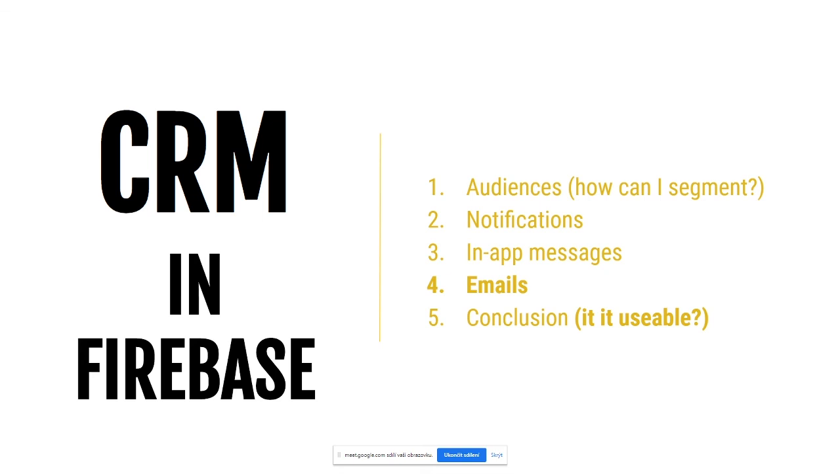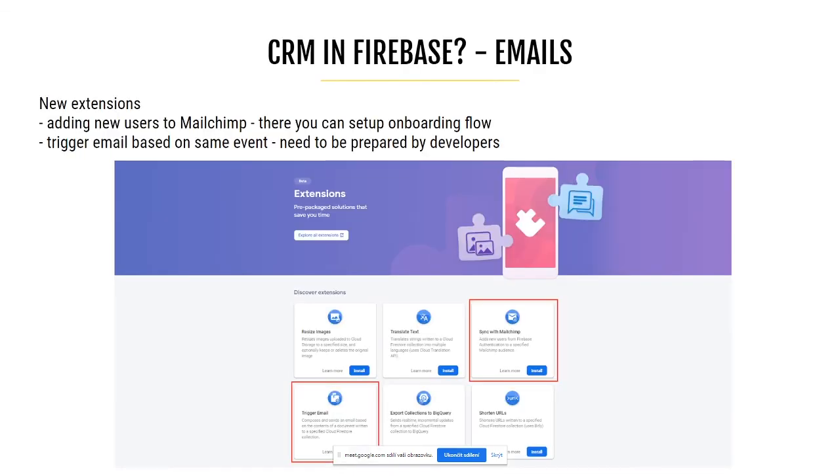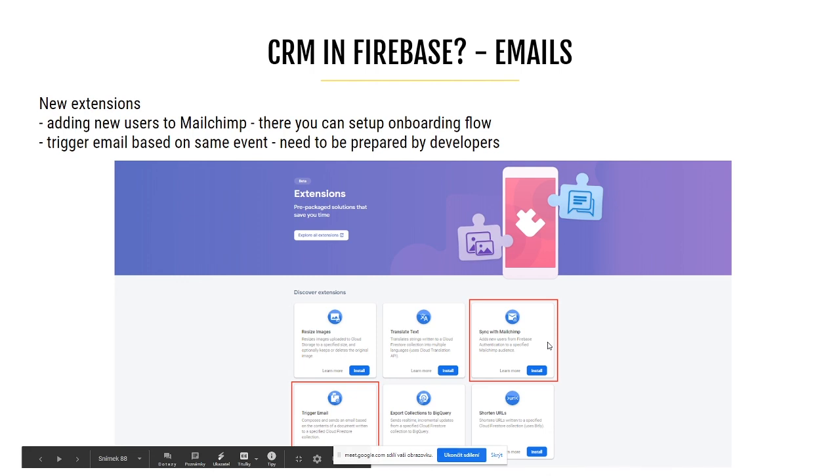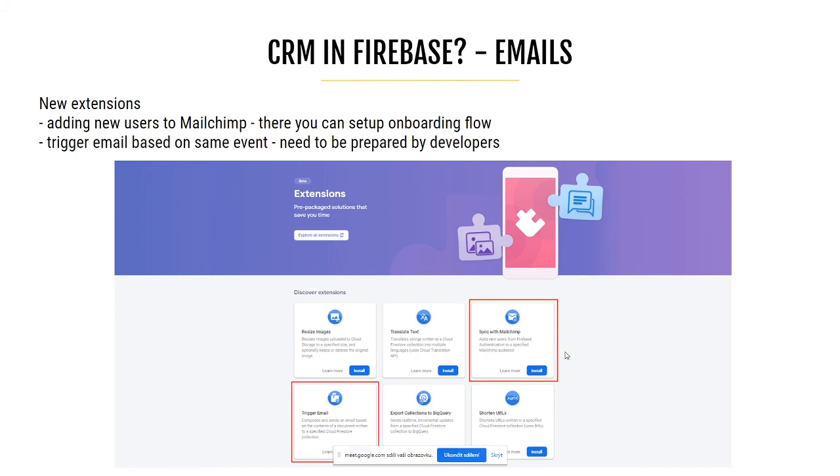thing, which is quite new and not so advanced, are emails, because Firebase now offers extensions, which are currently in beta, and you can install extensions to synchronize your users with your Mailchimp, which is, I think, quite useful just when you want to send onboarding emails, because it will just add the new user to the Mailchimp list, and then you can work there.